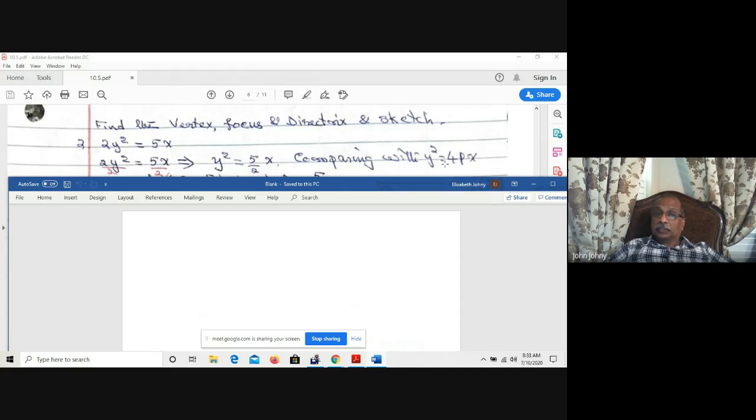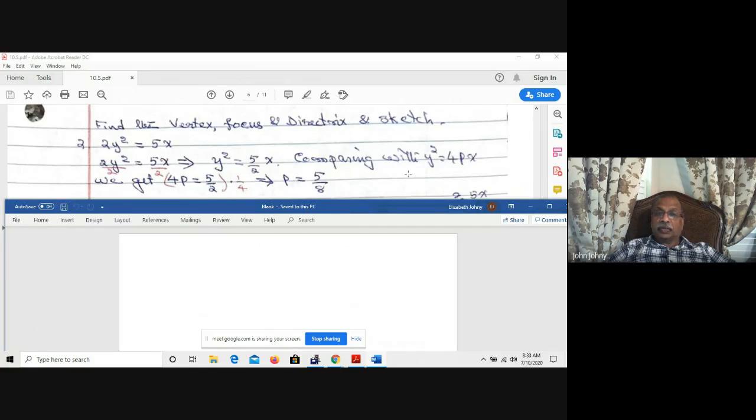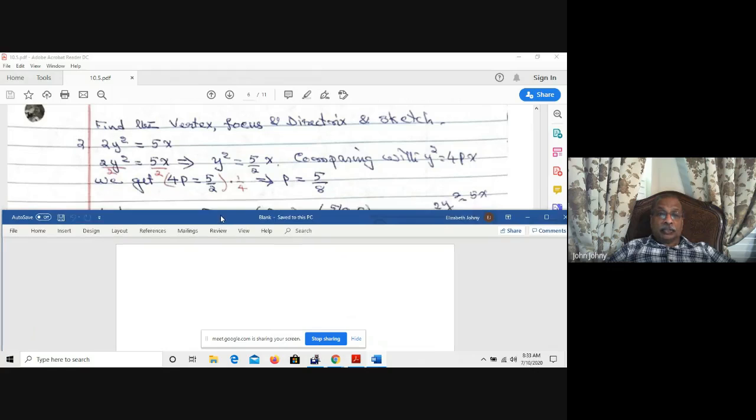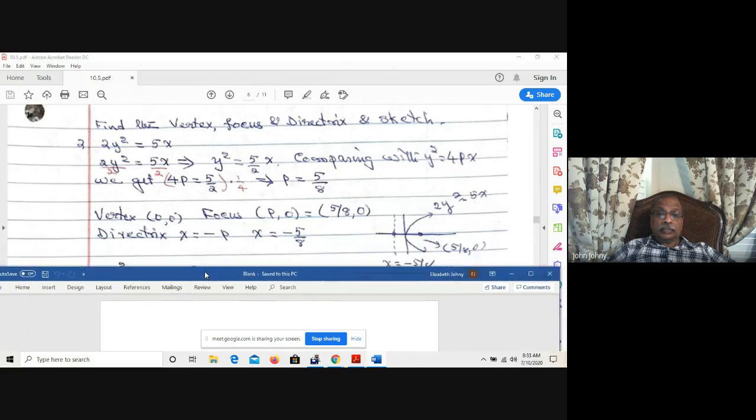Compare this with the relevant formula. You have several formulas in this section, so you compare with the appropriate one. y square is equal to 4px is the appropriate one. When you compare with that, you get 4p is equal to 5 over 2 multiplied by 1/4. You get p is equal to 5 over 8. And once you have the value of p, the rest is easy.